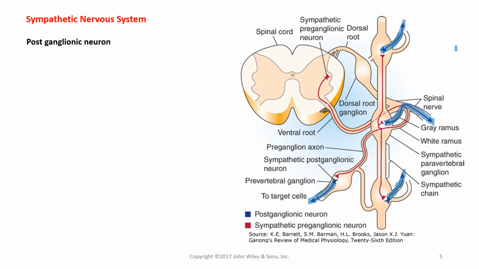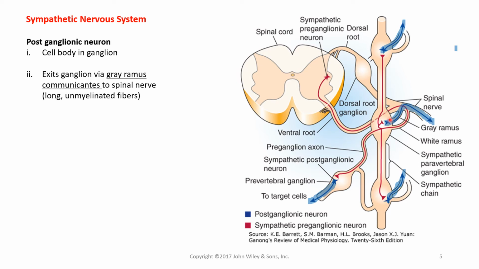Now, the postganglionic neuron is a little bit different. That postganglionic neuron can start in this ganglion. So if it's in this chain ganglion, it's going to then leave and go out, no matter what level it's at.